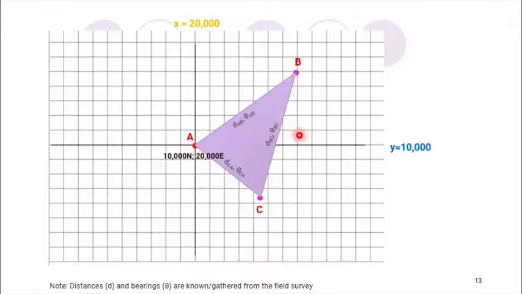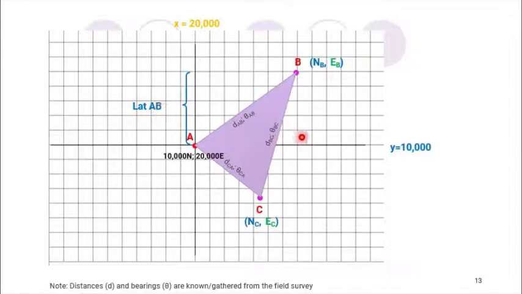Based on the figure, we can say that the northings of B is equal to 10,000 plus this amount. If you recall our previous lesson, this amount is actually the latitude of AB.